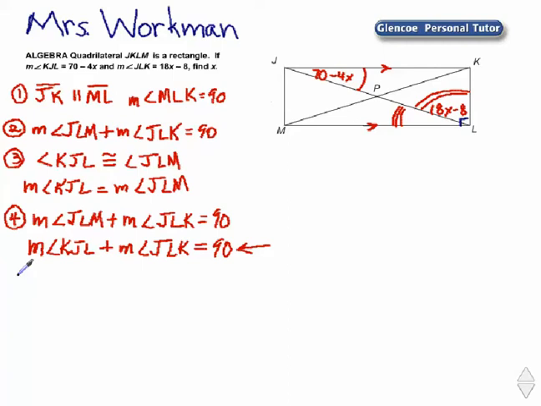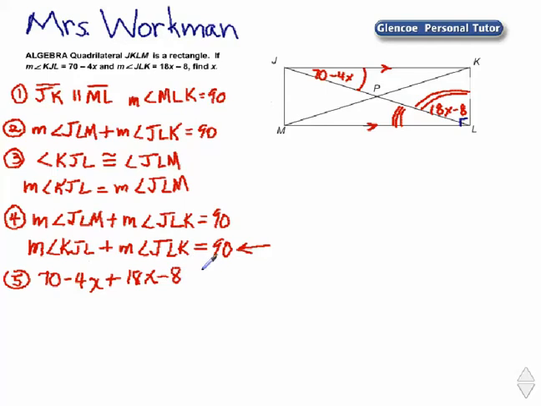Now, how does that help me? The measure of angle KJL is given as 70 minus 4x. So I did that substitution. The measure of angle JLK is given as 18x minus 8.